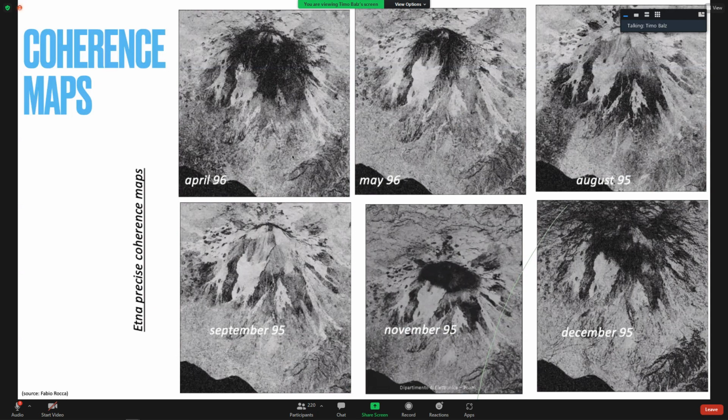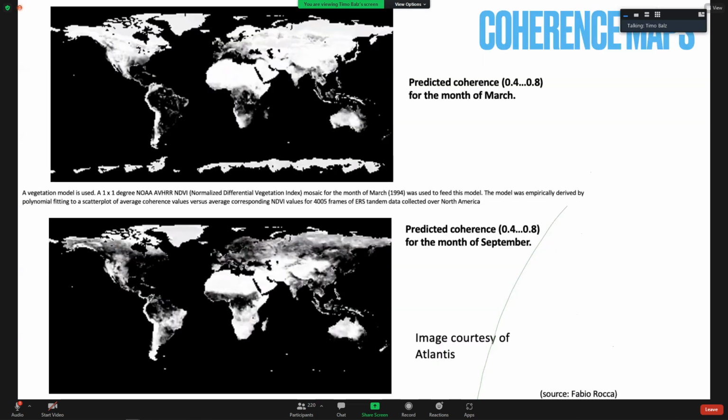Also, the coherence is very sensitive to vegetation, because vegetation, in the sense of radar, is something that changes if you have a time difference between two images. Imagine a tree moving in the wind.